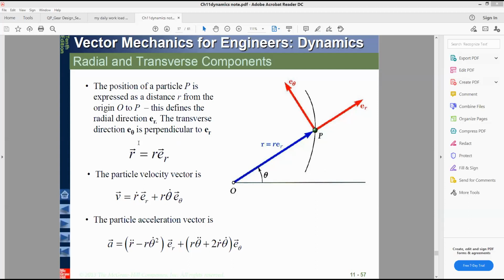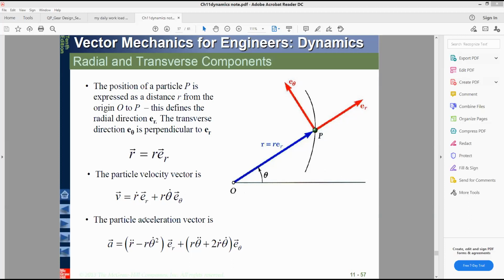Now the particle velocity vector, you have to remember this formula: v is equal to r dot er plus r theta dot e theta. This is the formula you have to remember for finding the particle velocity vector for the radial and transverse components.